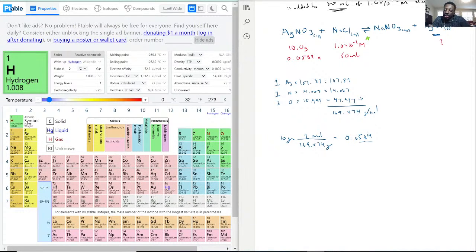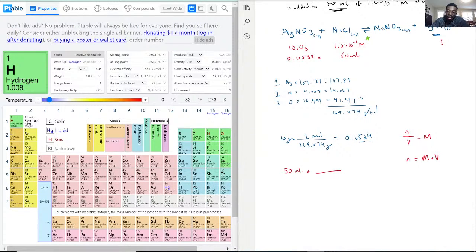Okay, so now for sodium chloride, salt, to get the moles, we know that molarity is moles over volume. If we rearrange this, moles equals molarity times volume.